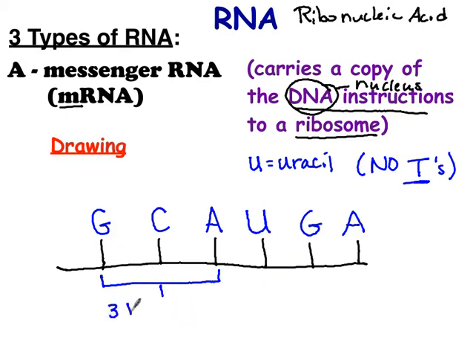So 3 bases in a row are called codons. Okay, so these are like the words in our message. So this is one codon, this is another codon, and so on.